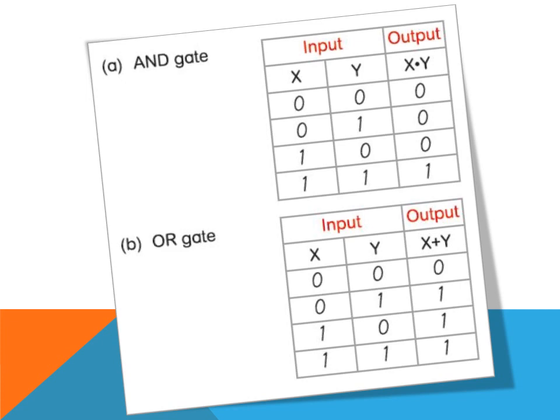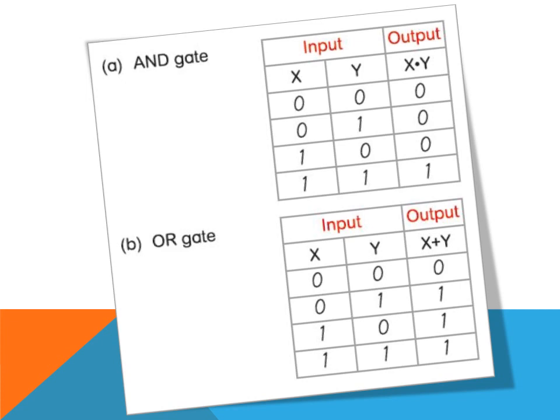Now there is actually another way to remember the truth tables of AND gate and OR gate. See, in AND gate the output is x dot y. Now think about mathematics. What does that dot represent in mathematics? X dot y means x multiplied by y.